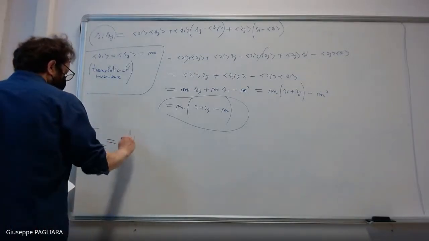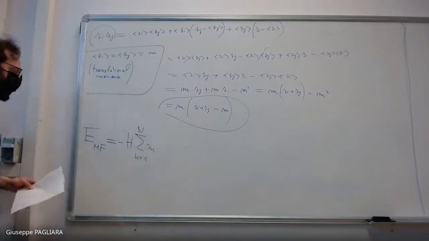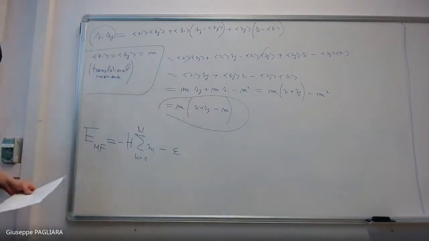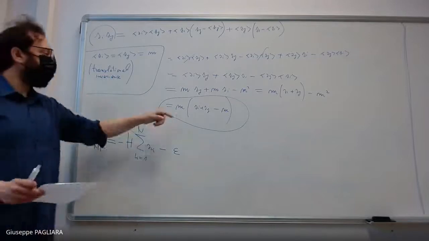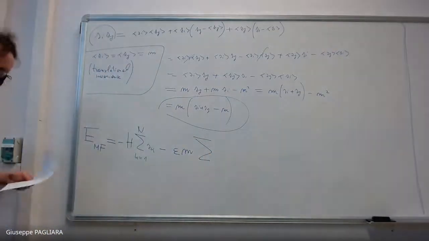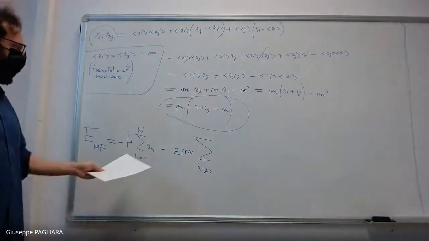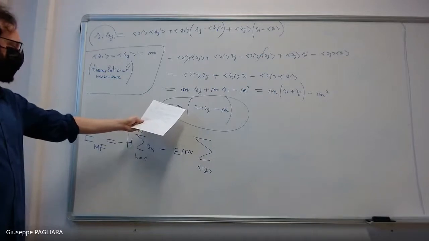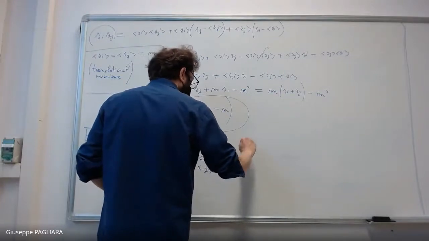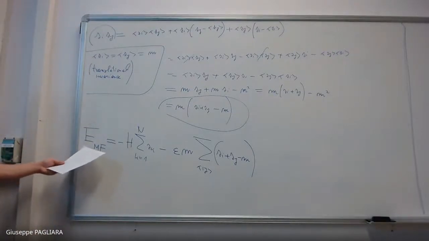This is equal to the term which is the coupling with the external magnetic field that I haven't touched, which is the following. And then I have a minus epsilon. I can collect M out of the sum because it's a number. And then I have the sum over the indexes i and j, but now I can substitute this function here, which is Si plus Sj minus M. So this is the Hamiltonian in mean field approximation.